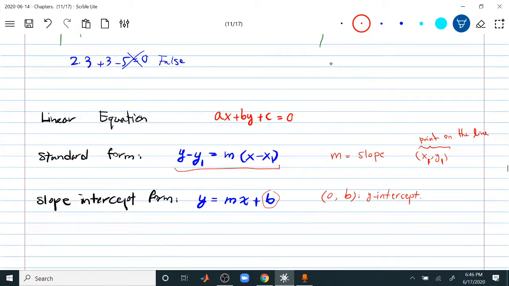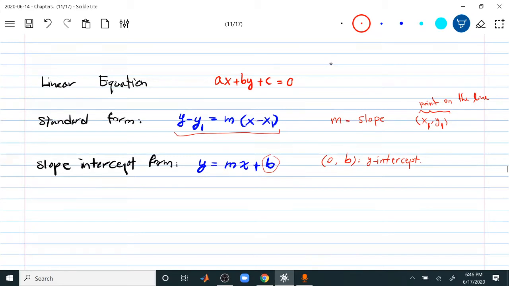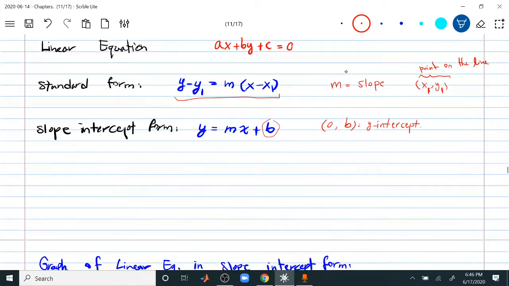The form of a linear equation helps with the graphing. So this is the way the standard form looks like. This is the way the slope intercept form looks like. m is called the slope, and it's just a ratio. So m, the slope, is the ratio of rise over run.